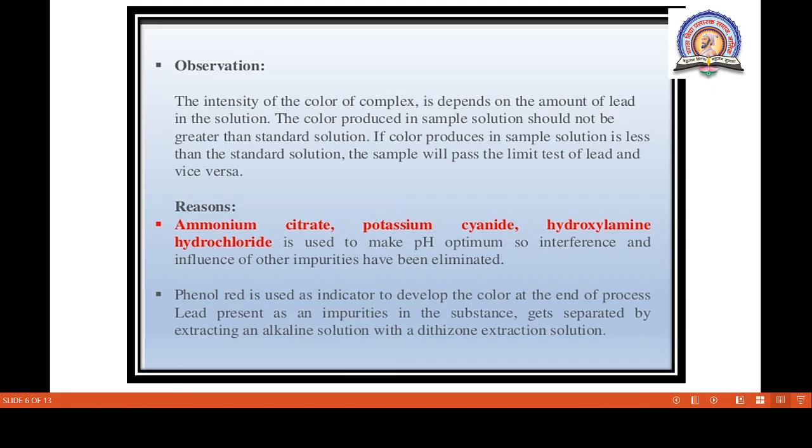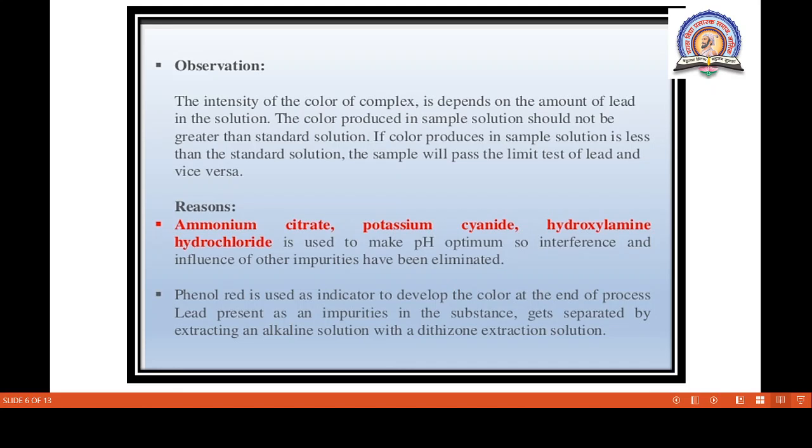The reason is very important for MCQ questions. Ammonium citrate, potassium cyanide and hydroxylamine hydrochloride are used to make the pH optimum. Optimum means it maintains the pH with ammonia, so it is a basic pH. So the interference of other impurities is eliminated.